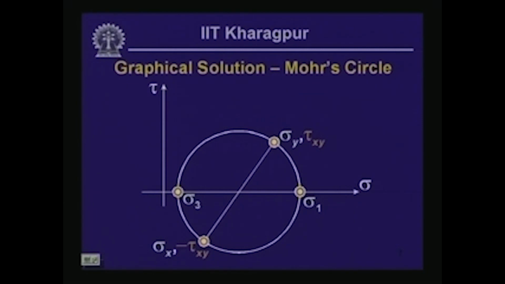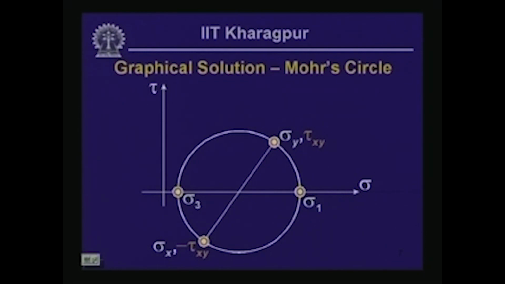The one on the leftmost extremity of the Mohr circle represents a state of stress that is called the minor principal stress, and the shear stress on this point is also 0.